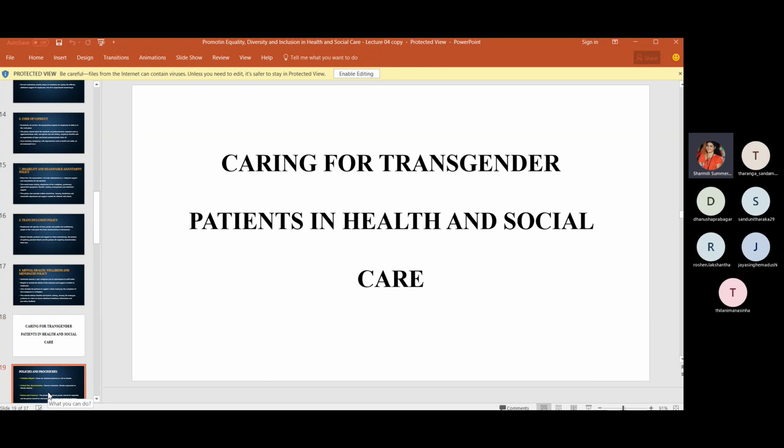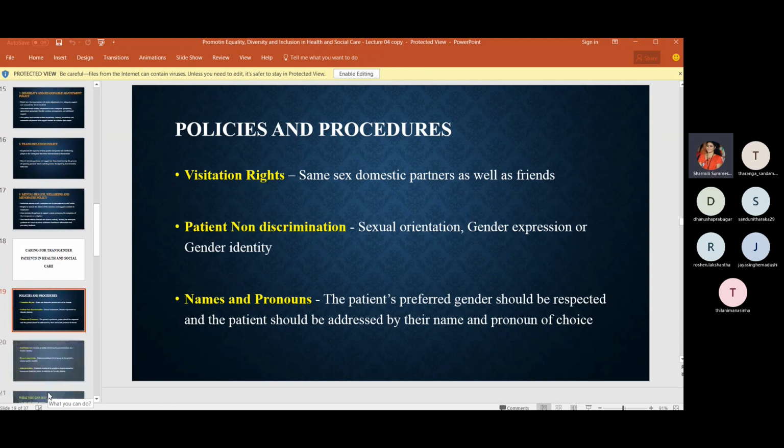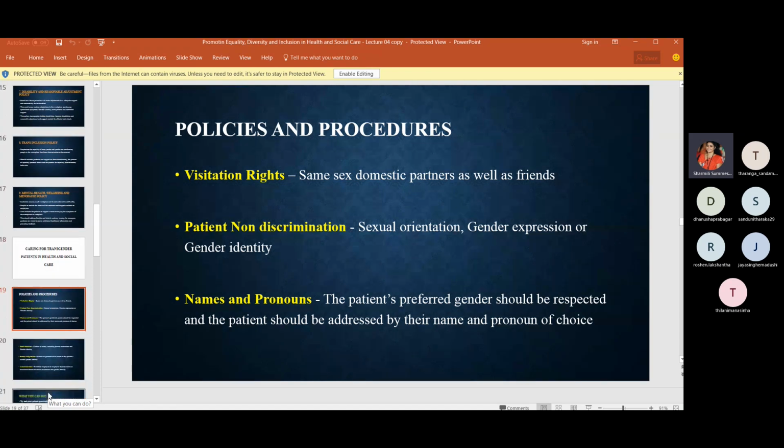First we'll see the policies and procedures, like visitation rights for same-sex domestic partners as well as friends. If a transgender patient is admitted to the ward, the people visiting that individual could also be transgender. As they are transgender, you can't say that they are not allowed to see that individual.